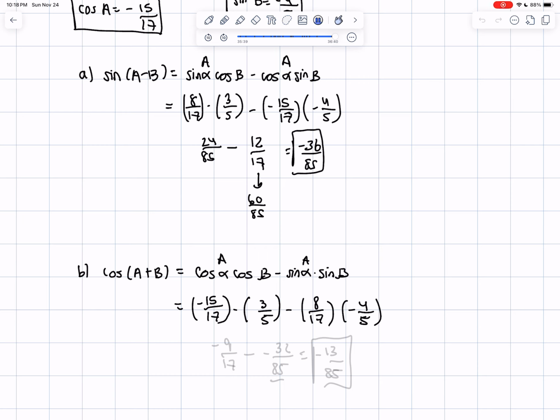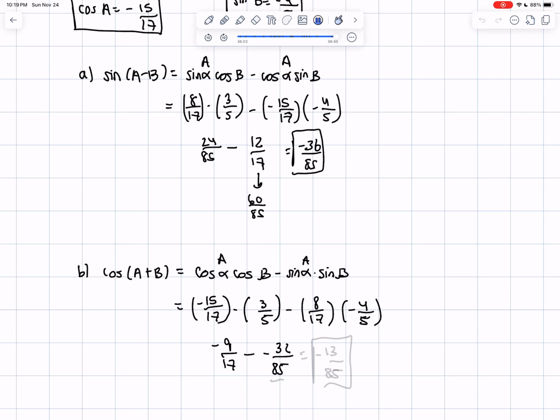So negative 15 over 17 times 3 over 5. I get negative 45 over 85. And then I get 8 over 17 times negative 4 over 5. Negative 32 over 85.